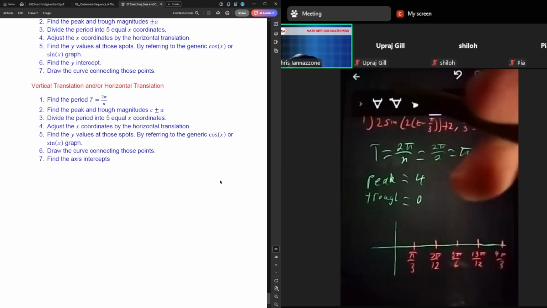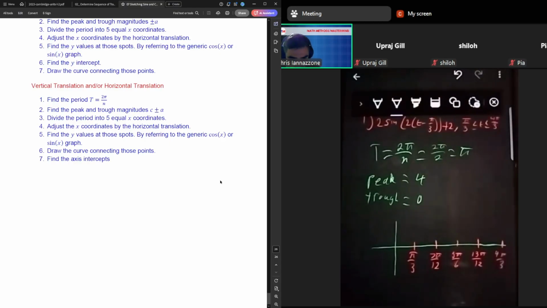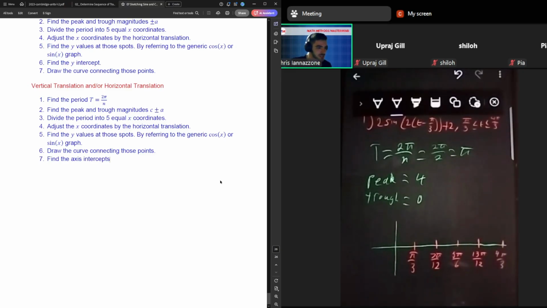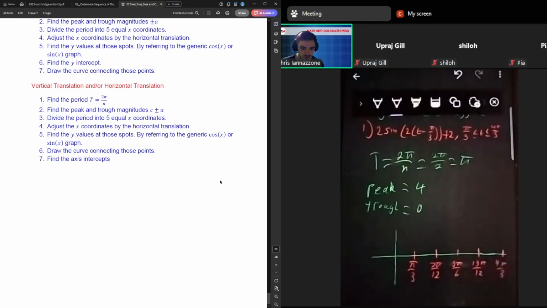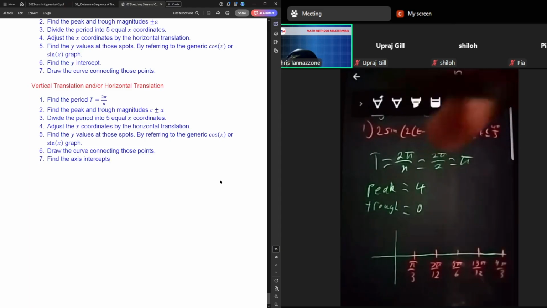Cool. All right, so that's us having adjusted all those key features now. From there, finding the y values at those spots by referring to just what sine or cos naturally is. So this one's a positive sine, which tells us what exactly, where does it start?